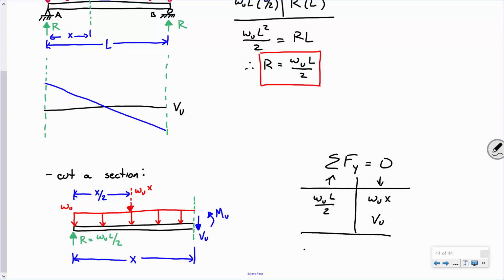So therefore, W_U L over 2 is V_U plus W_U times x, or the following.